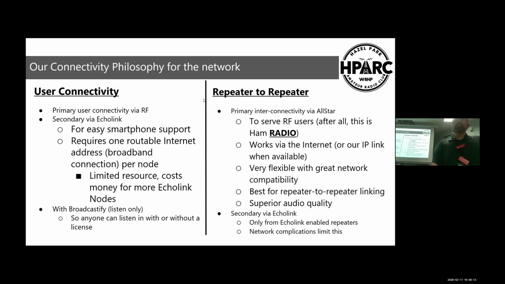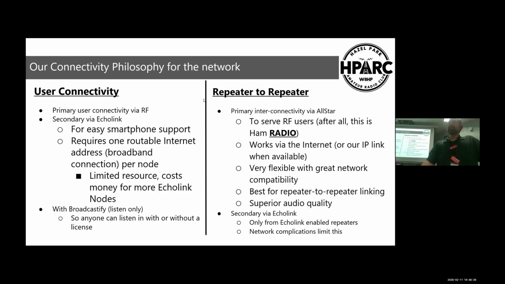So some basics on our connectivity philosophy. We split it between user connectivity and repeater to repeater connectivity. For user connectivity, it's ham radio, so the primary mode of entry is going to be RF: your HTs or mobiles that you normally have. We do want to add Echolink though, because it is a really good option, and we have a lot of people that check in via Echolink.